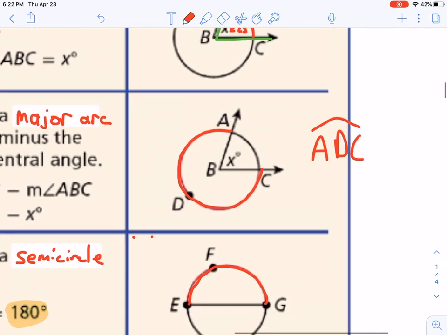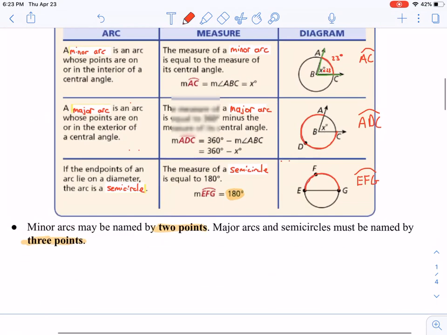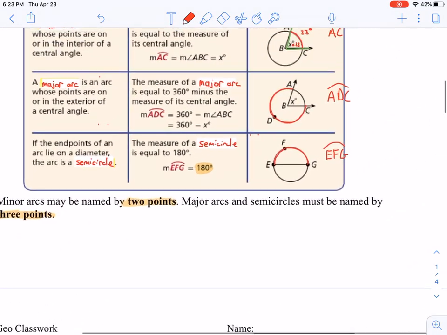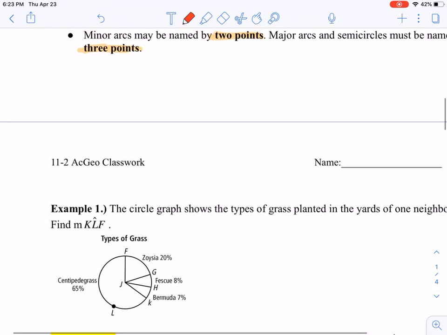We have to use that third point to show that you're going the long way around. You'd have to use a third point for a semicircle as well. Otherwise, people may think that you were just talking about the diameter instead.